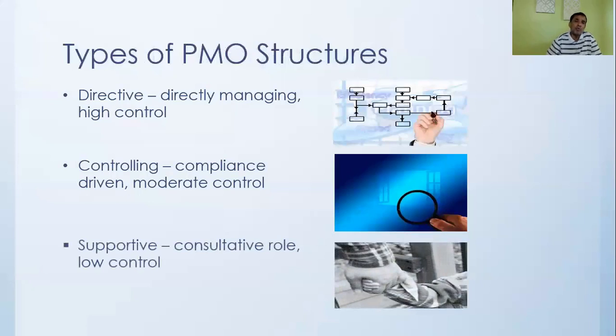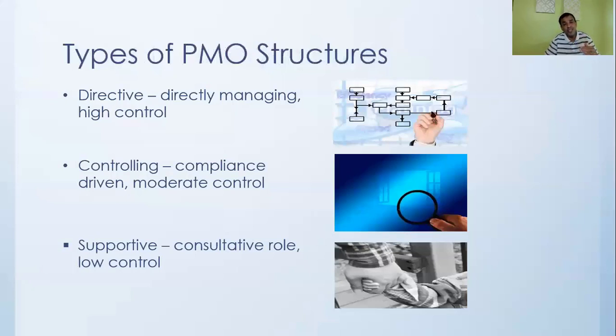Supportive type of PMO, what they'll do is they'll come and tell you, hey, we are there to help you. We are available to train you and your team in terms of the different processes, and we can help you in getting resources. And so they are consultative, they are supportive, but they are not taking any kind of control on how you are running a project.